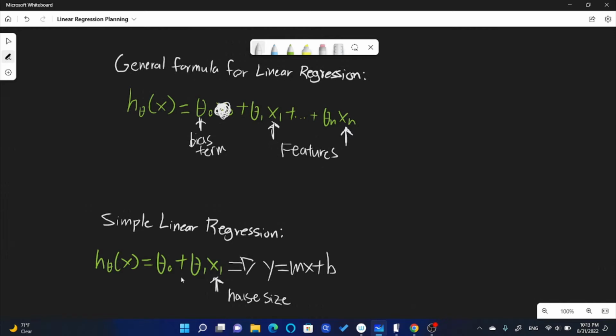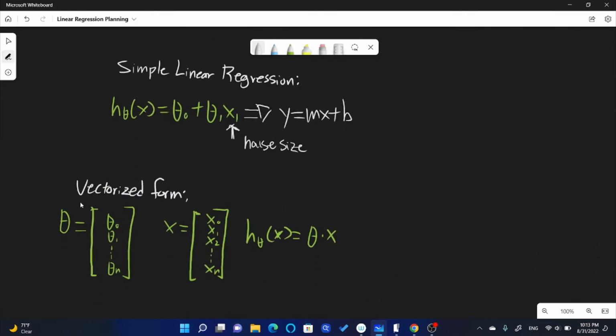And we can also express this formula up here in vectorized form. So what do I mean by that? We can express theta as a vector containing values from theta 0 all the way to theta n, and x values all the way from x0 to xn as well, right?